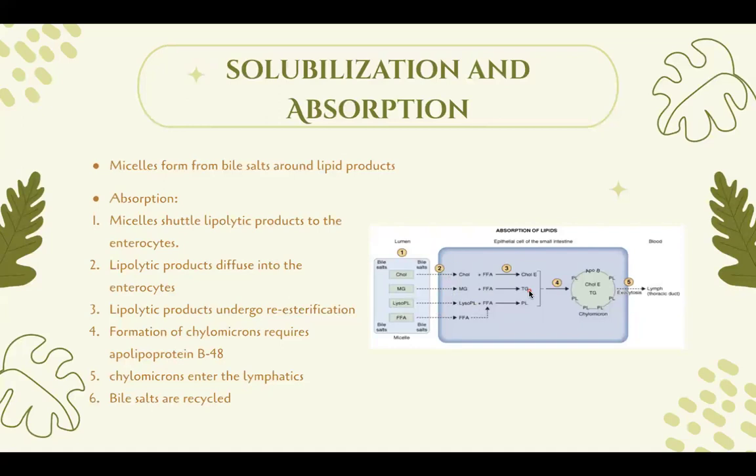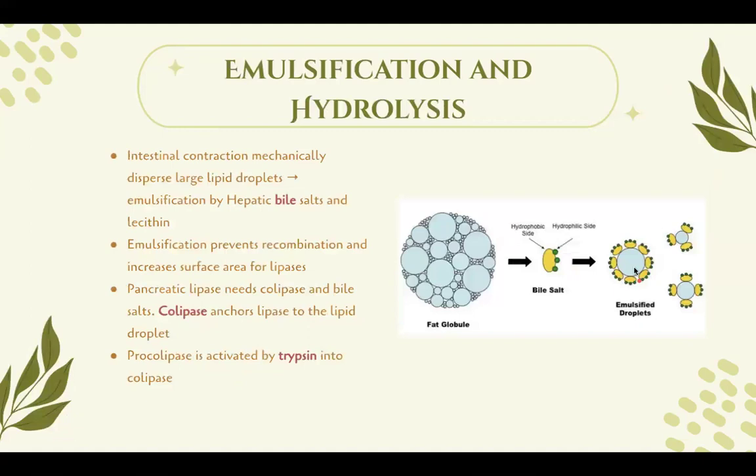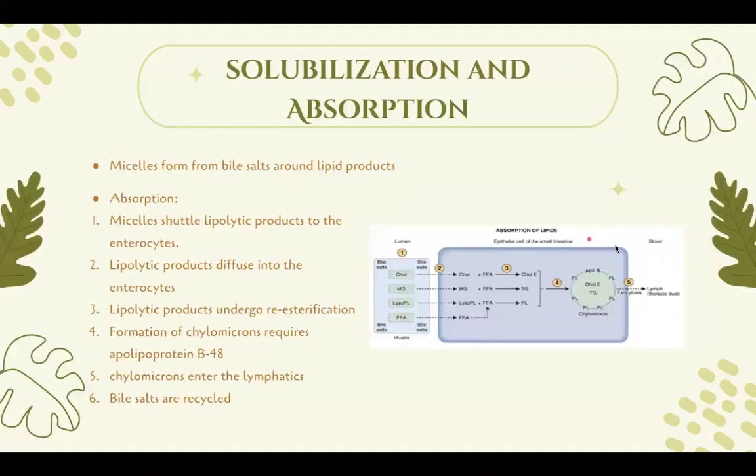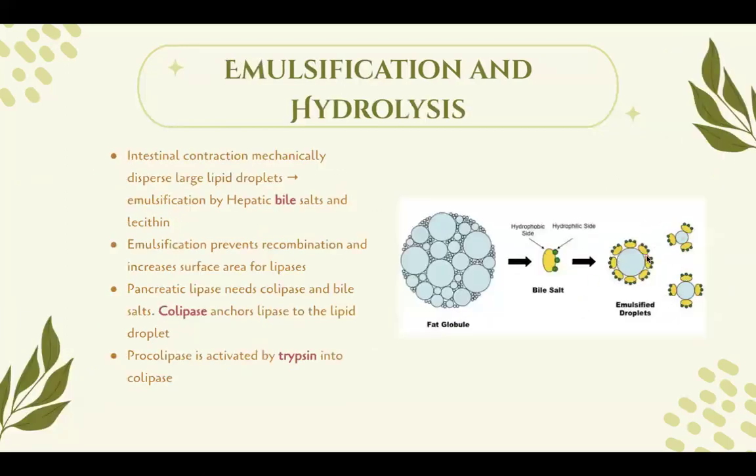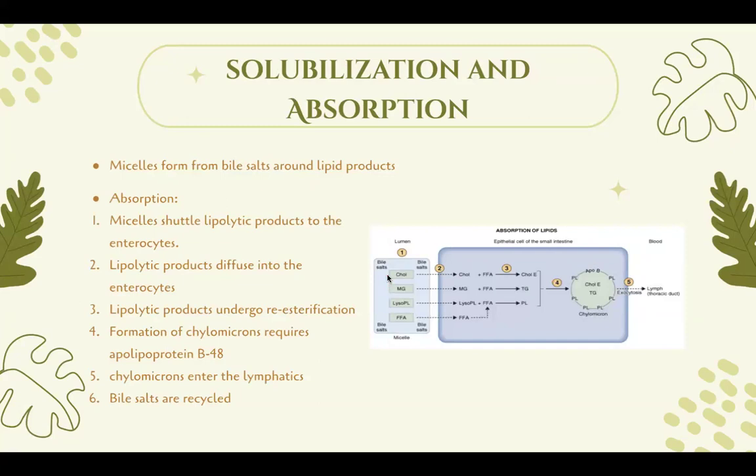After we esterify them, they will be placed into something called a chylomicron. Now, be careful about these three: the emulsification droplet, the micelle, and the chylomicron. They're all different. The emulsification droplets and the micelle are both produced by bile salts. The chylomicron is not produced by bile salts. We're in the enterocyte, inside the actual cell.